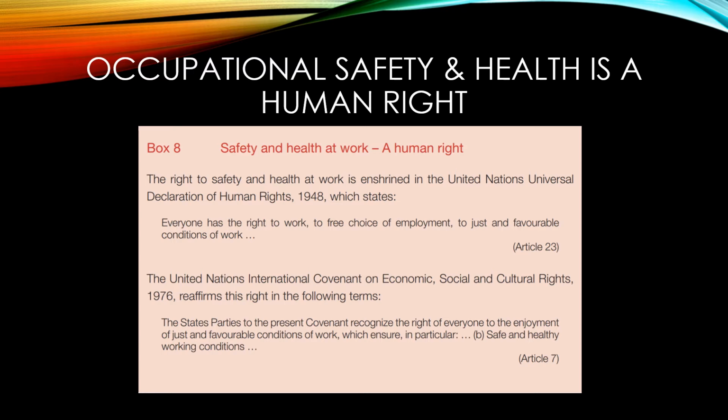So occupational safety and health is a human right. This has been noted or enshrined in the United Nations Universal Declaration of Human Rights. It means that it is everyone's right to work in a healthy and safe workplace. It should not be considered a luxury, meaning that if your job is a high-paying, high social class type of job, for example a doctor, a professor, an accountant, an engineer, then yes, your workplace is safe.